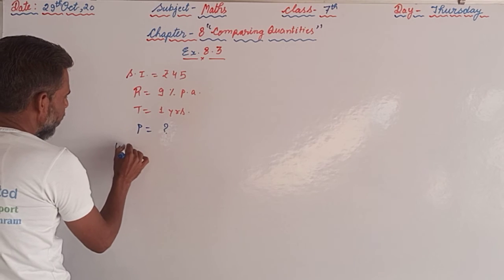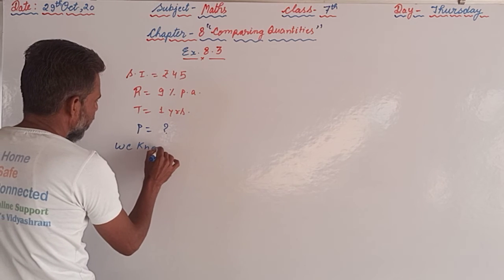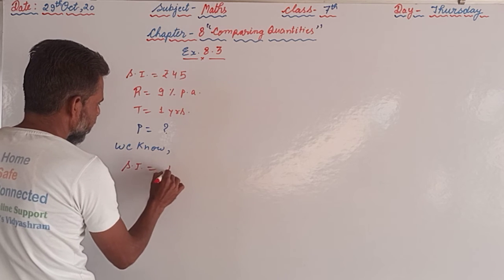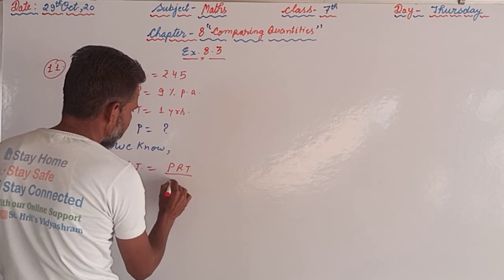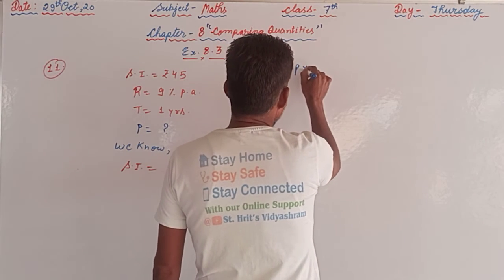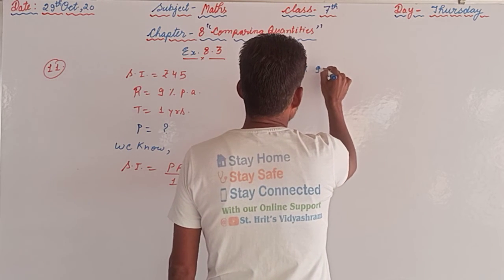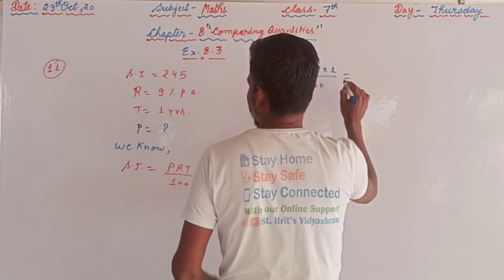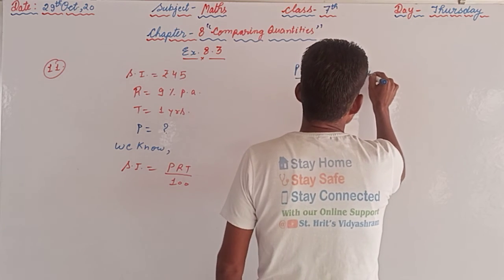So we know that simple interest is equal to PRT upon 100. P we do not know. R is 9 and T is 1 and upon 100 is equal to 45.